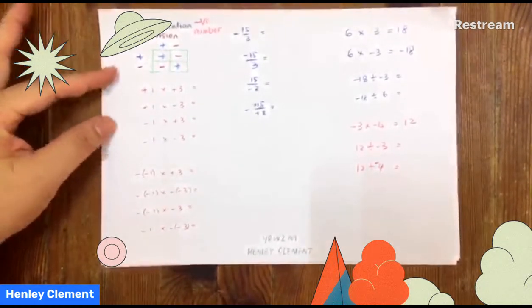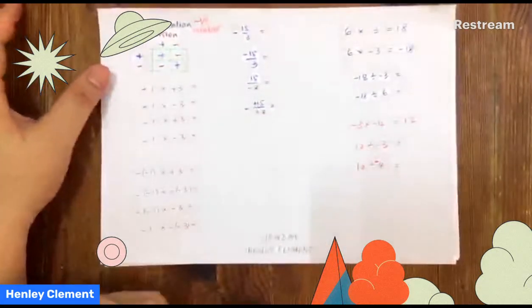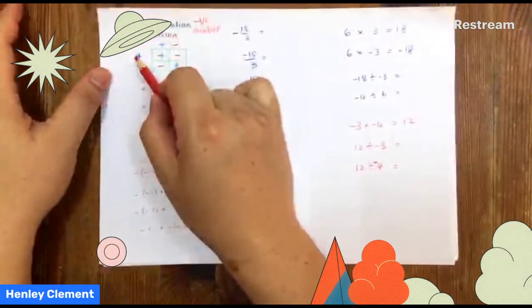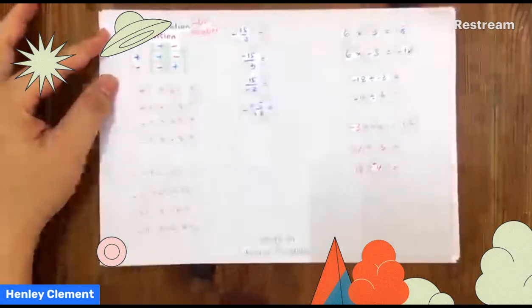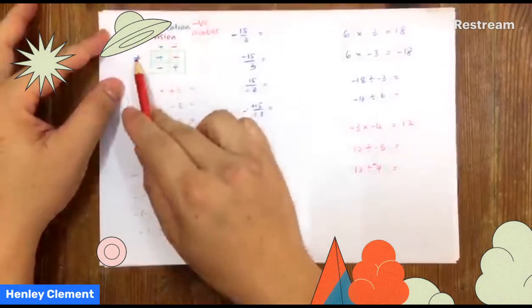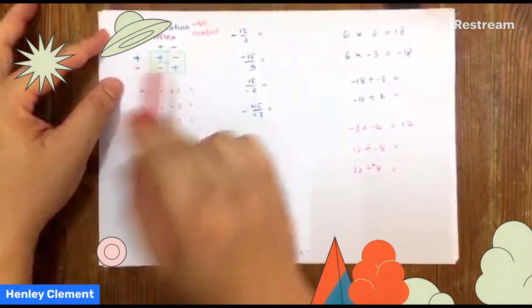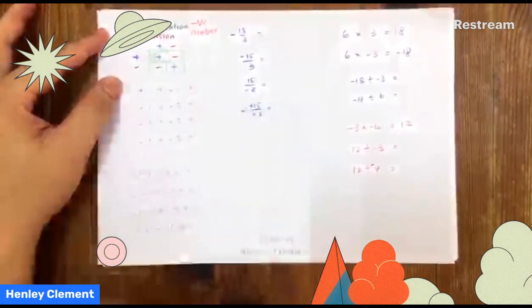Okay, so I have a small table for you. Positive times positive will get you a positive answer. And positive times negative will give you a negative answer. So as long as there's one negative, the answer will be negative.